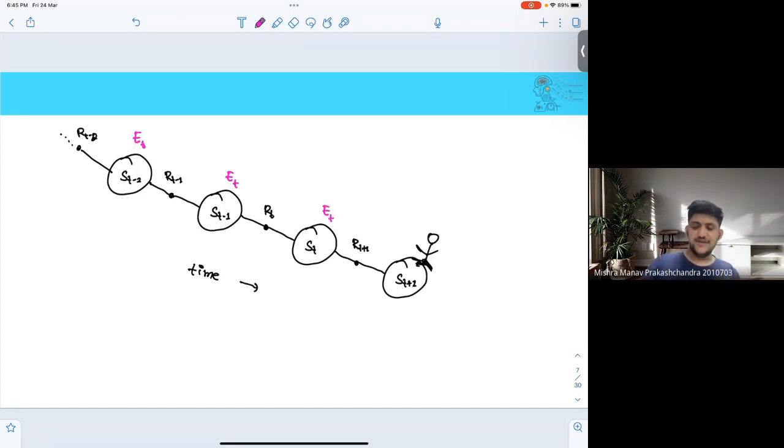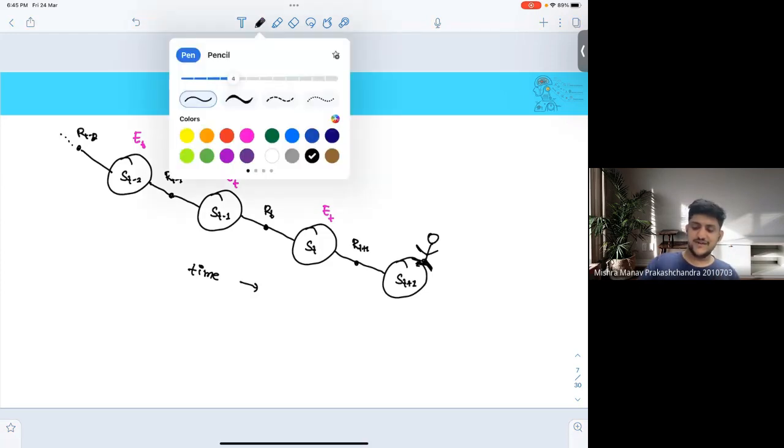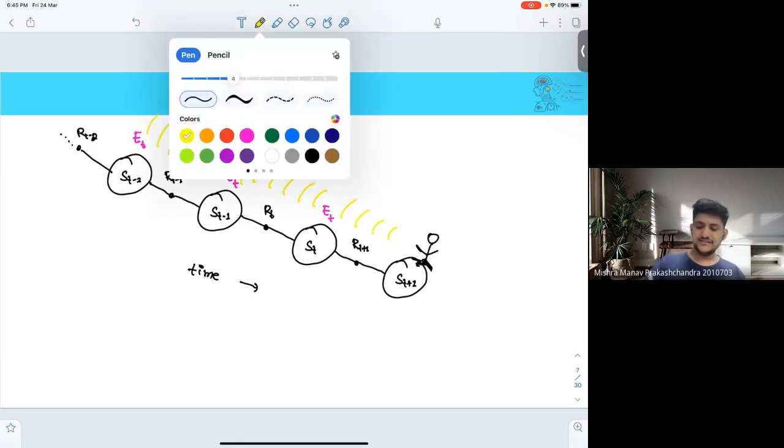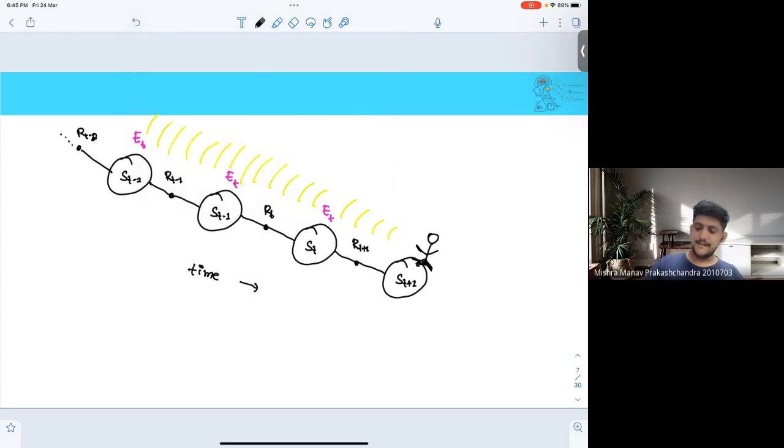Based on the eligibility that I have, whenever I try to make any sort of update here, I just take a look back and look at the eligibility. Based on the eligibility, I make an update. I go further back; the high value of eligibility signifies a higher update, right? So this is essentially what the backward view tells me.